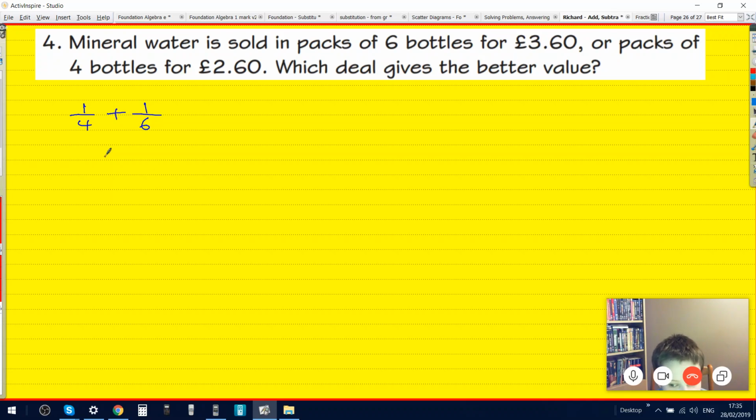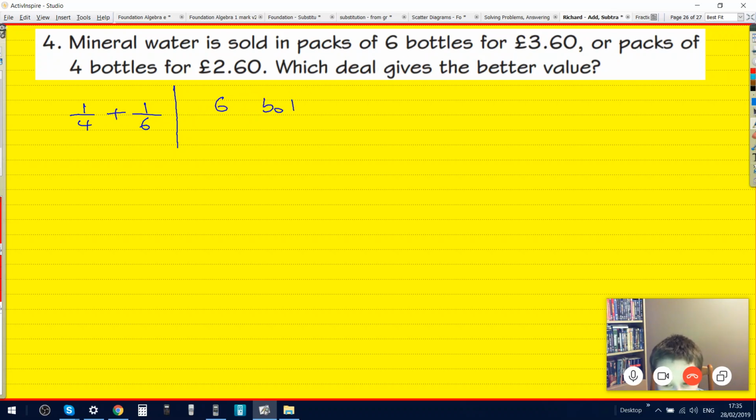So you need to find the lowest number that 4 and 6 both go into, which is 12. Yes.